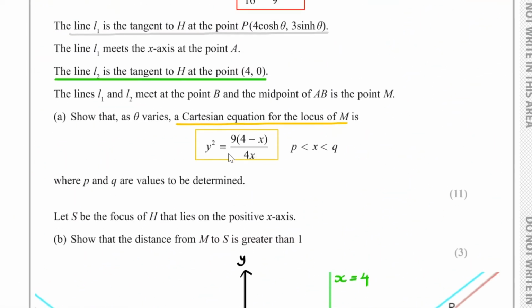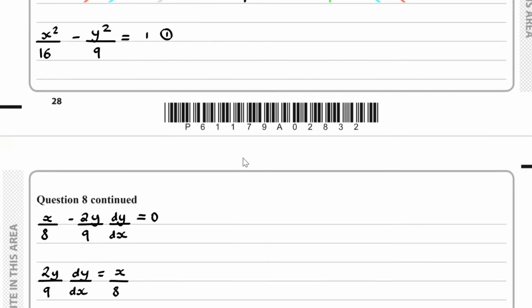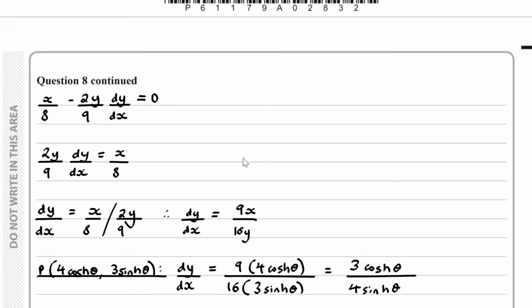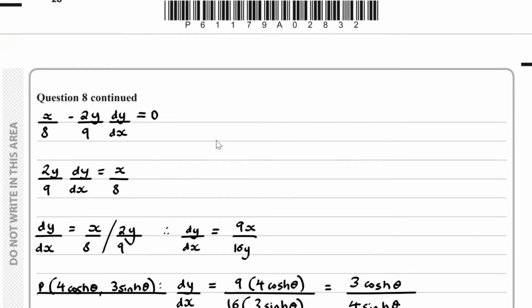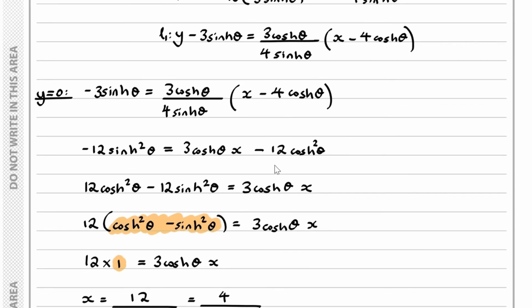Okay, so now we know the coordinates of M, and we still need to arrive at this equation over here, shown in orange. And the way we can do that is, well, let's start labeling our equations before that. So here we have equation 1, here we have equation 2, here we have equation 3.